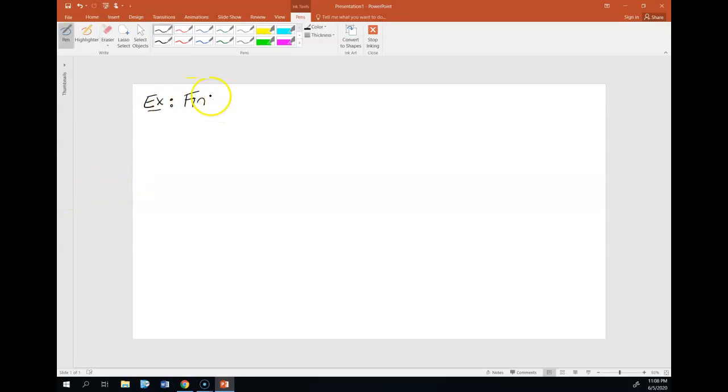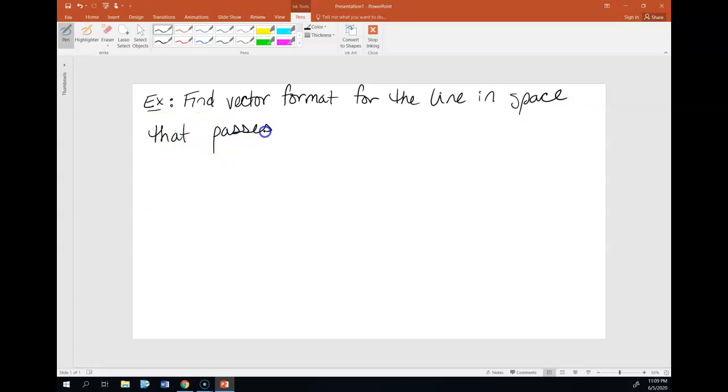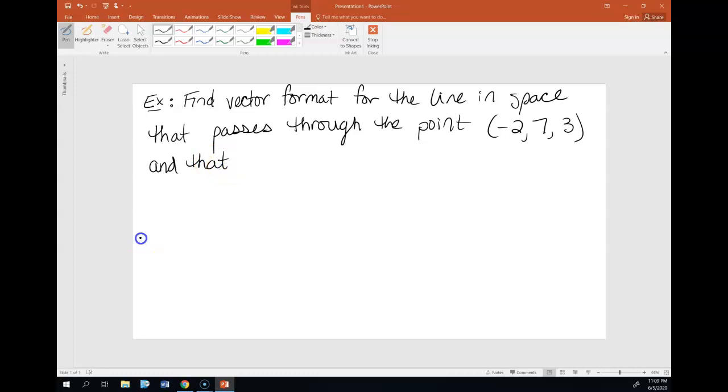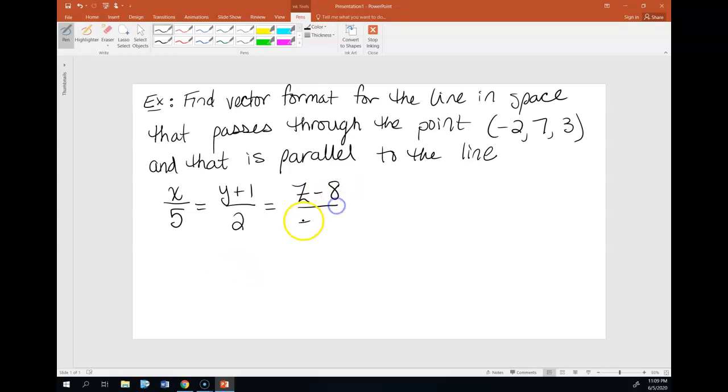Let's find the vector format for the line in space that passes through the point -2, 7, 3, and that is parallel to the line x over 5 equals y plus 1 over 2 equals z minus 8 over negative 3.